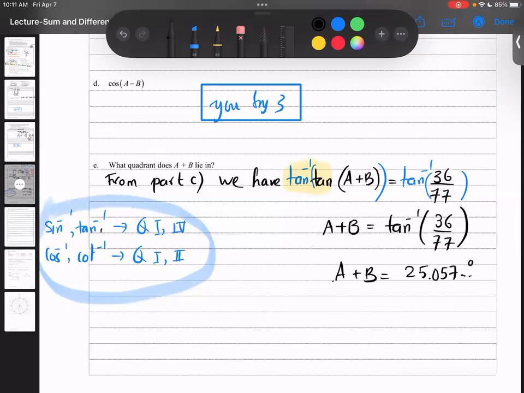But I mean, it's in quadrant 1. Or you can deduct from this step right here.